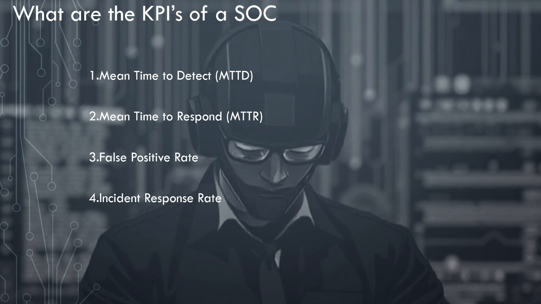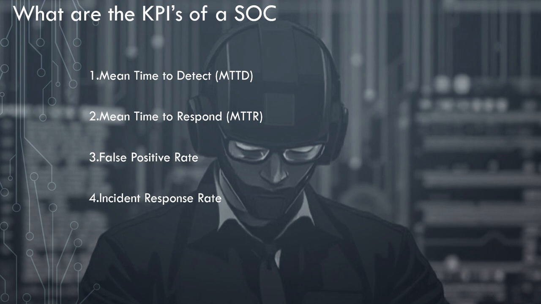Now, false positives. As I said, as soon as you start a SOC, there could be a bit of false positives. I haven't seen anything which doesn't have any false positives. Even a matured SOC will have a lower false positive rate, because you have fine-tuned all the rules, but sometimes there could be a bit of false in there.